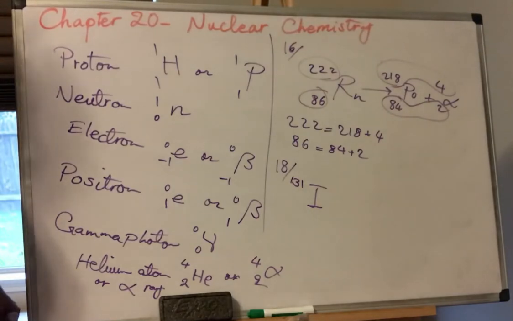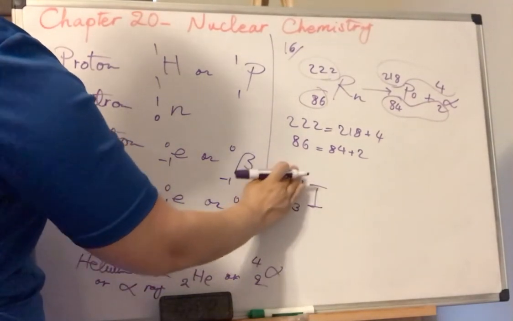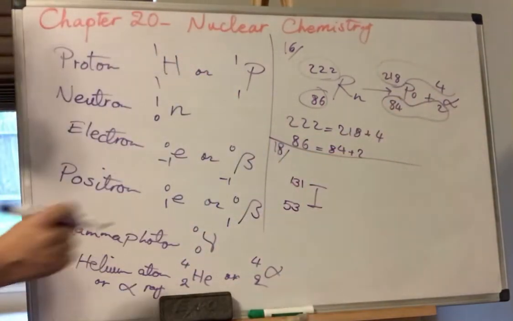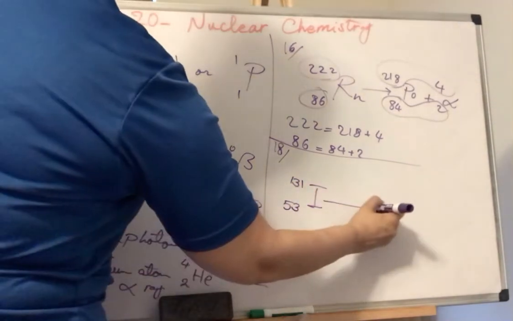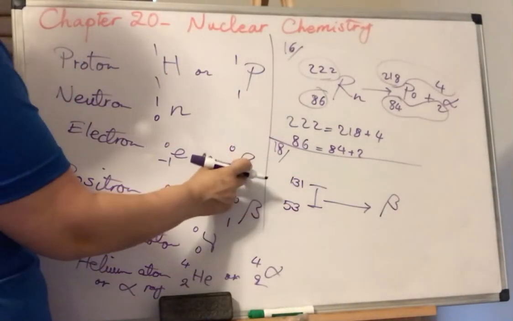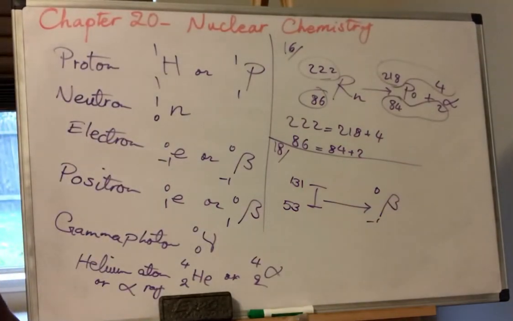Its atomic number is 53. Atomic number of iodine is 53. Okay? So it says it emits a beta particle, right? So beta particle is which one? Beta is -1 and 0, correct?